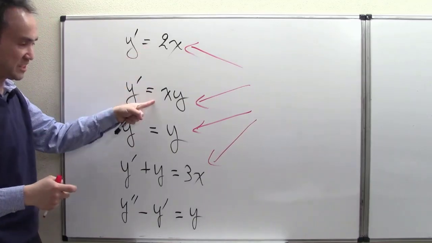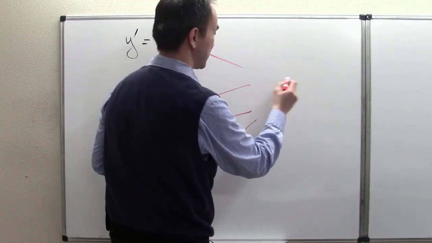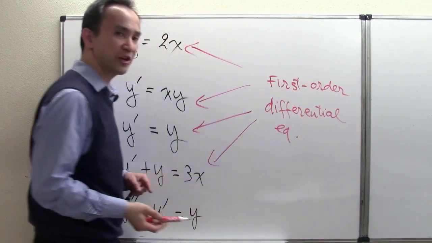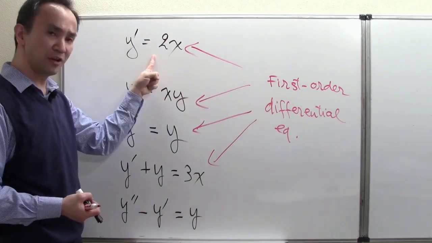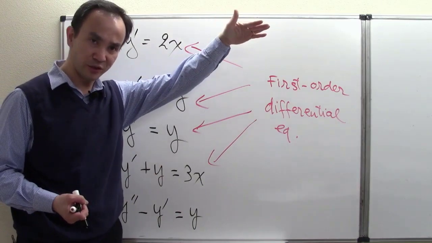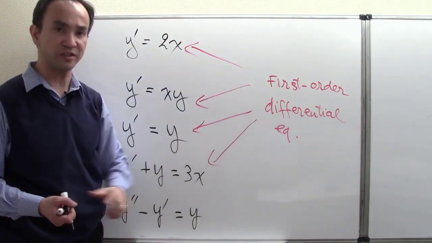Any of these that my red arrow points to, we refer to as a first order differential equation. First order simply means only the first derivative is involved, and that's the highest order of the derivative involved in your equation. That's called a first order differential equation.